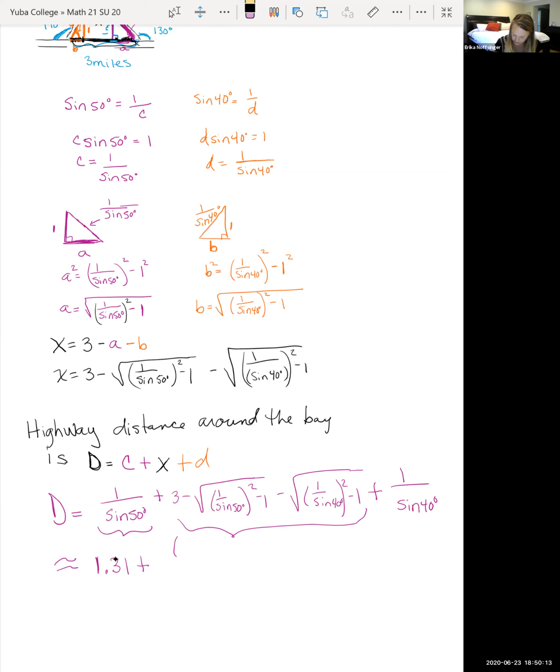So this piece right here is 3 minus, this is 0.84. If I had a different calculator on me, I wouldn't do it in pieces. And then I have to do the same thing with a radical minus, and I'm going to change that to 40 degrees instead of 50 degrees, but it's almost identical. And so if I do that, that is approximately 1.19.